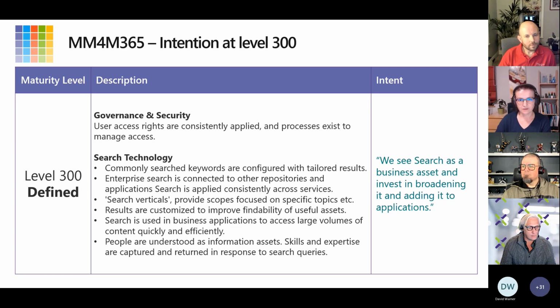Number one is better people findability and better expertise findability, which is super important in large organizations. Number two, if we have information about people on their profile, then we can provide personalized content to them. So that can also be a good benefit for findability.